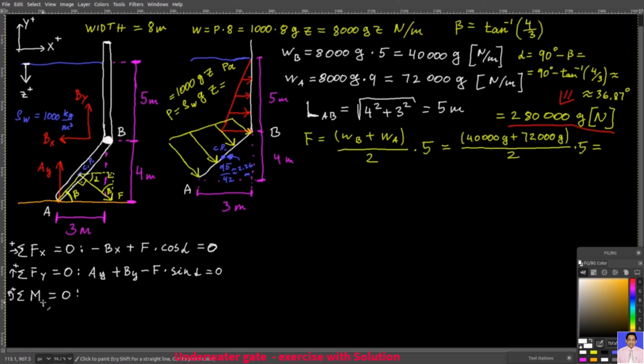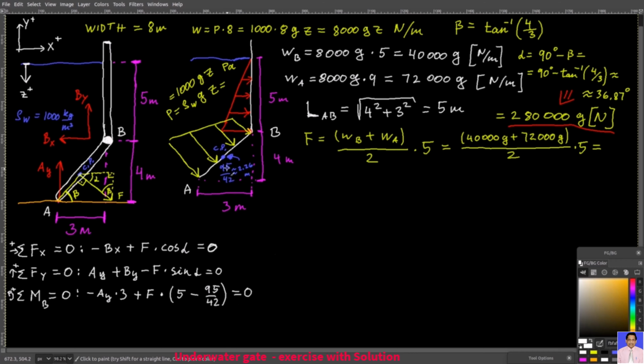And now the sum of the moments about point B is going to be the following. You have minus Ay times 3, that will be a clockwise moment due to this force Ay, your 3 meters, that's your moment arm, till your point B, and then I'm going to take this total force and multiply it by 5 minus 95 over 42 meters, and that must be 0.